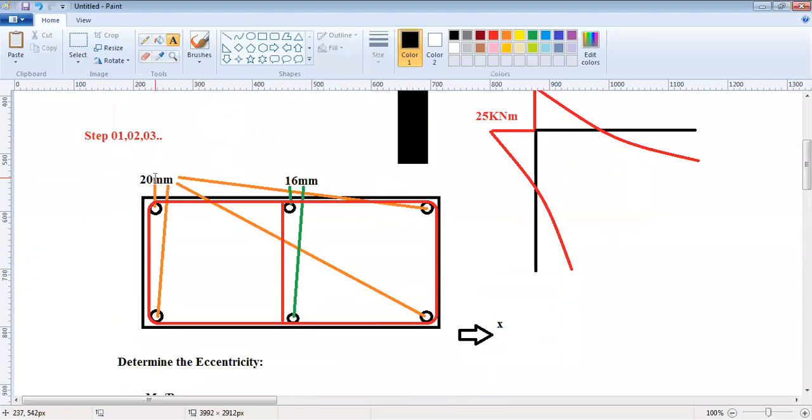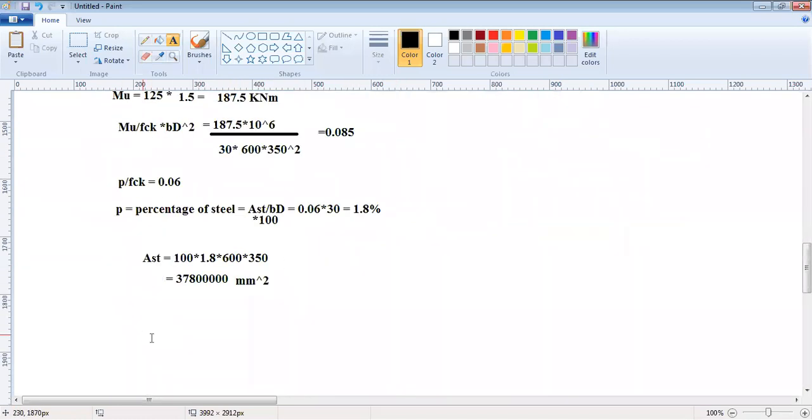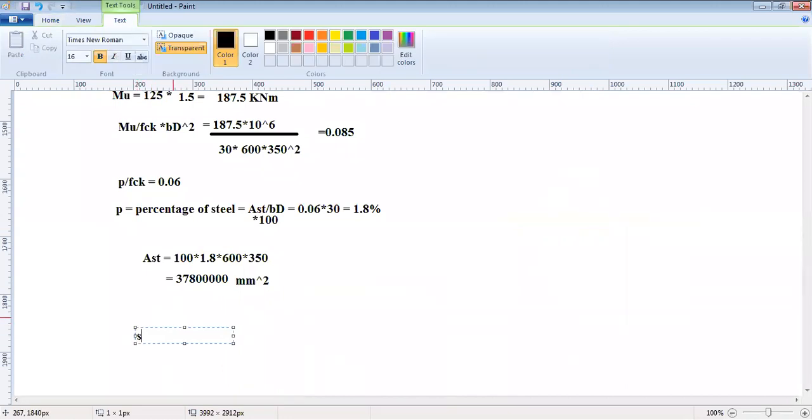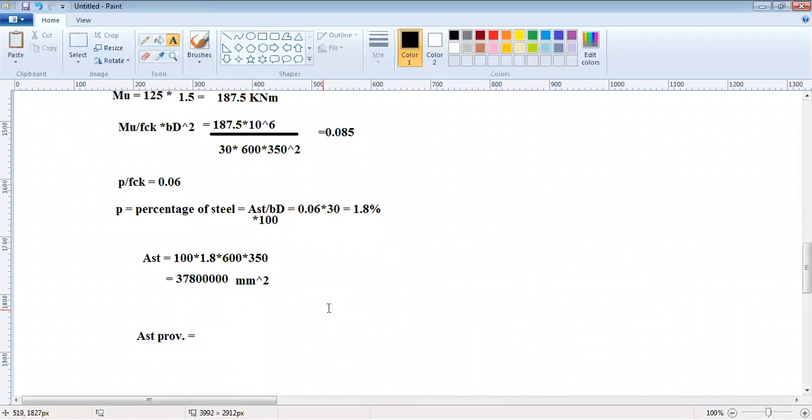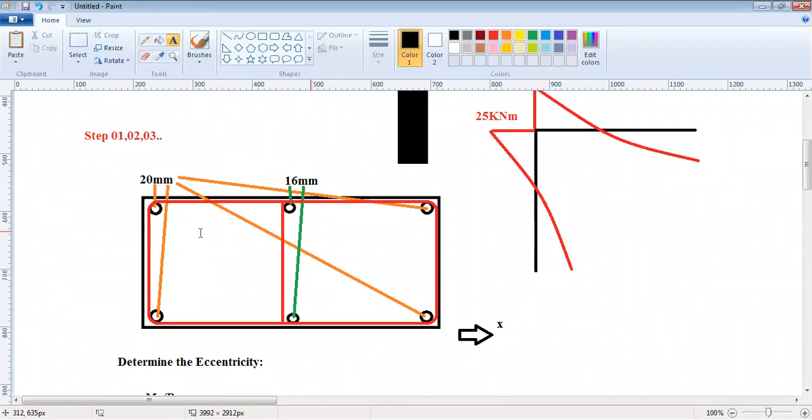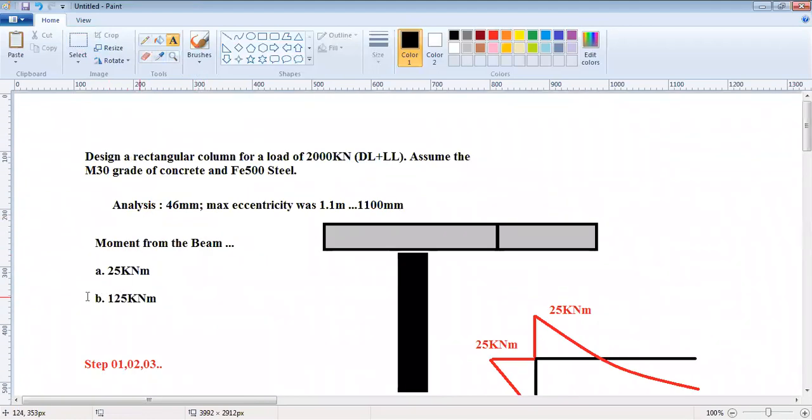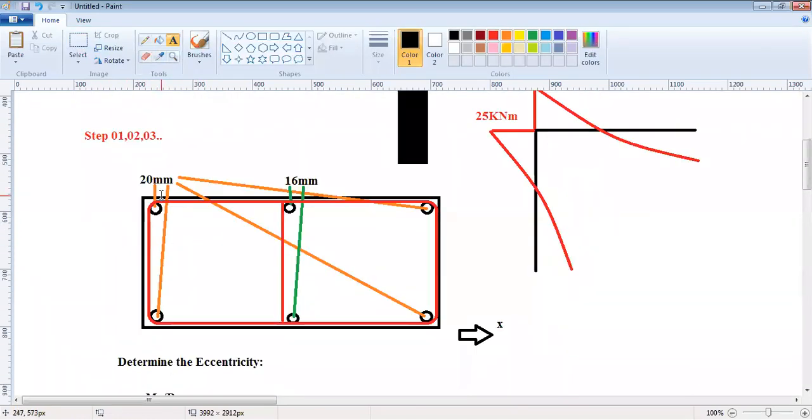How much did we provide? The 4 into Ast that we provided was, I think, far less than what is required when the case is that you have a moment of 125 kilonewton meter.